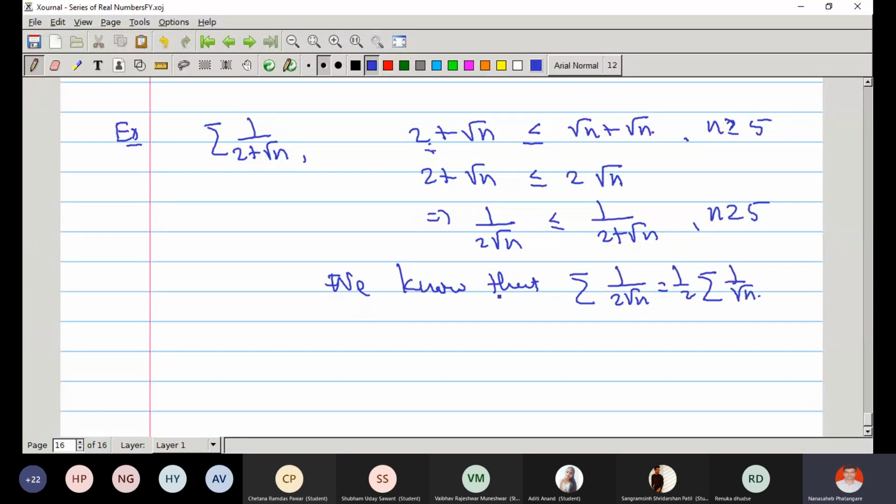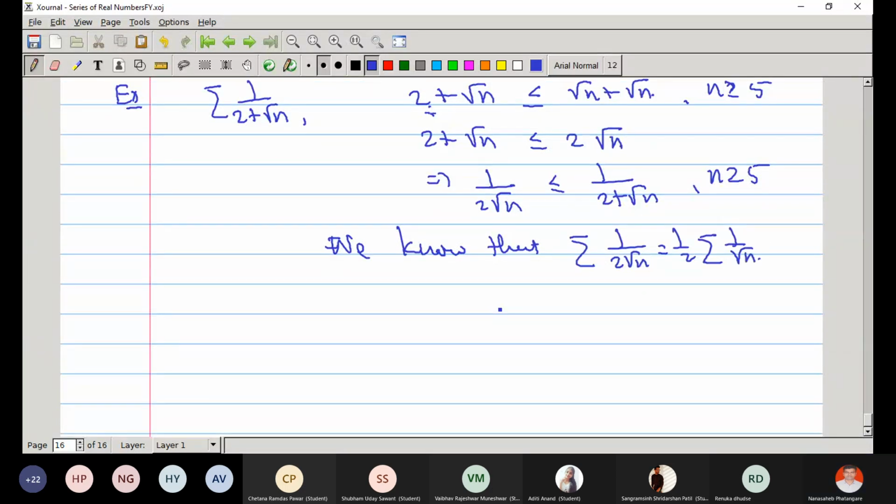Is it divergent? Yes, sir. And therefore, series 1 upon 2 plus root n is divergent, because the smaller is divergent, so the larger is certainly divergent. So in that way, the comparison test works. Correct?